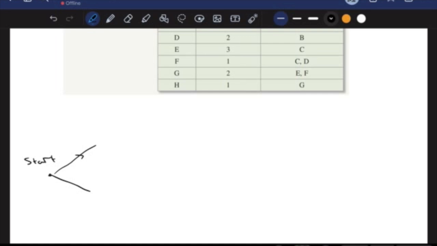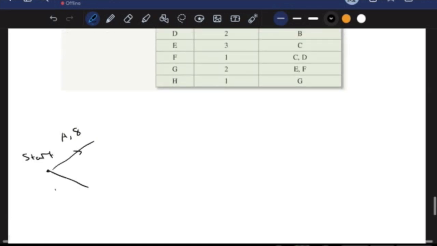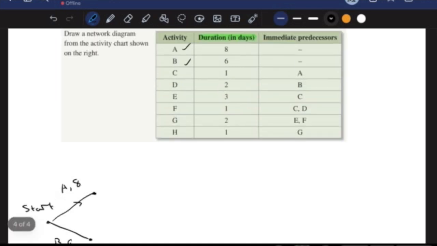So what I'm going to do is I'm going to write the activity A, but I'm also going to write the weight. So A takes 8 days to complete. So I'm just going to write a comma next to the activity and write the duration, how long it takes to complete it. Now we've completed these activities, so we can draw in our vertices.